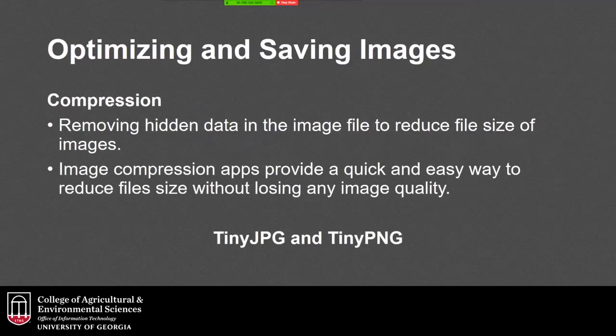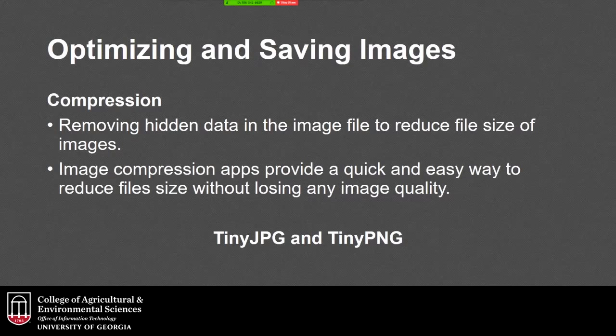Compression is basically removing hidden data from the image file to reduce the size of the file of images. And there are image compression apps online that are a quick and easy way to reduce the file size, and you can do that without losing any of the image quality.